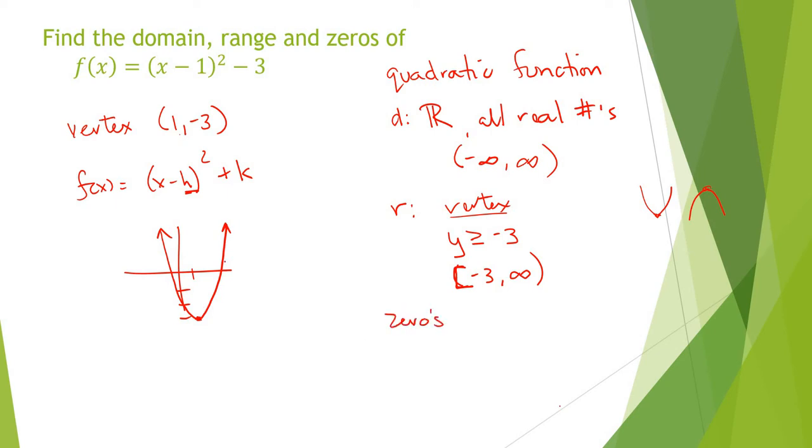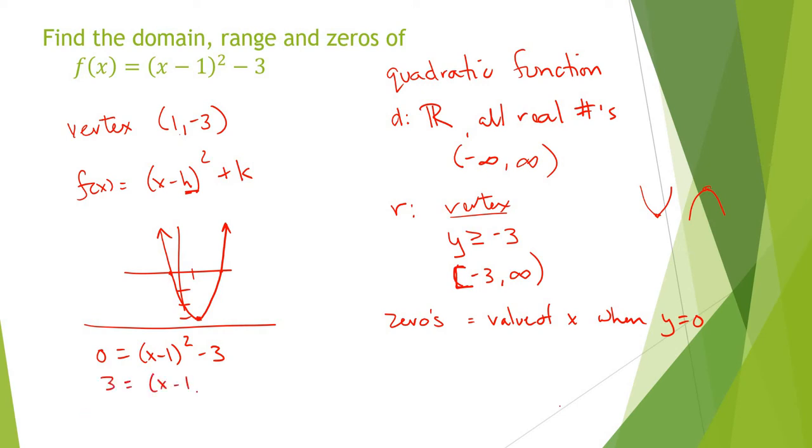Now what about zeros? Anytime a quadratic or a parabola crosses the x-axis, it does so in two places. I can always find my zeros by setting the function value equal to 0. So a 0 is always the value of x when y equals 0. So I set y equal to 0. I'm going to add 3 to both sides.